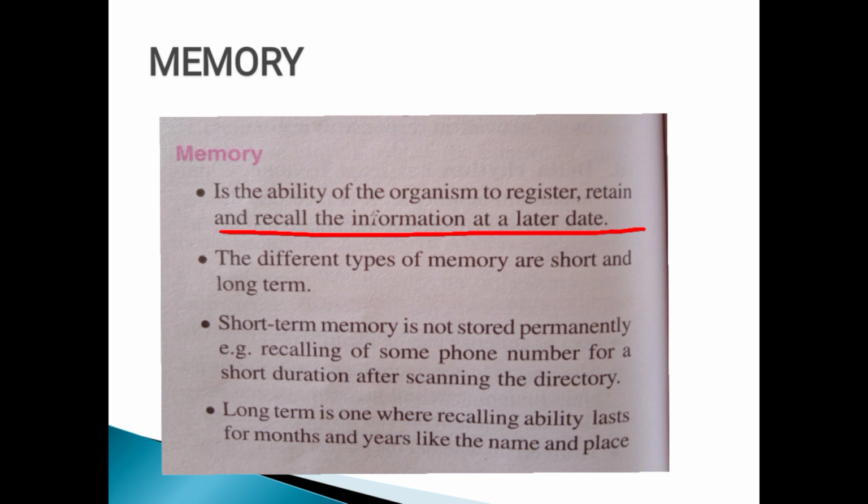Whatever you are listening to in my class, you have to register and recall later. There are different types of memory, short-term and long-term. Short-term memory is not stored permanently. For example, a telephone number stays in your brain only for a short period.